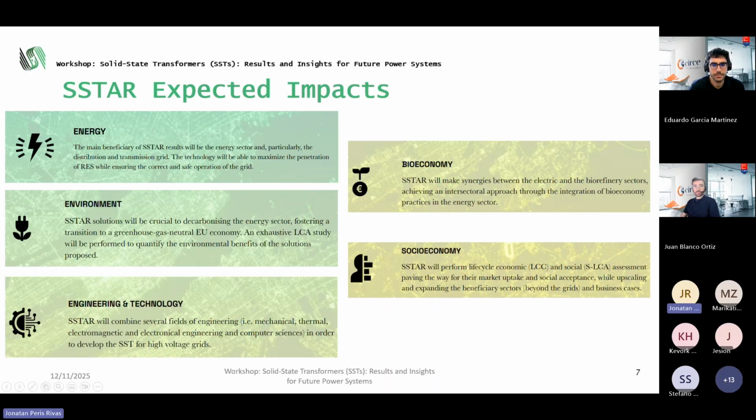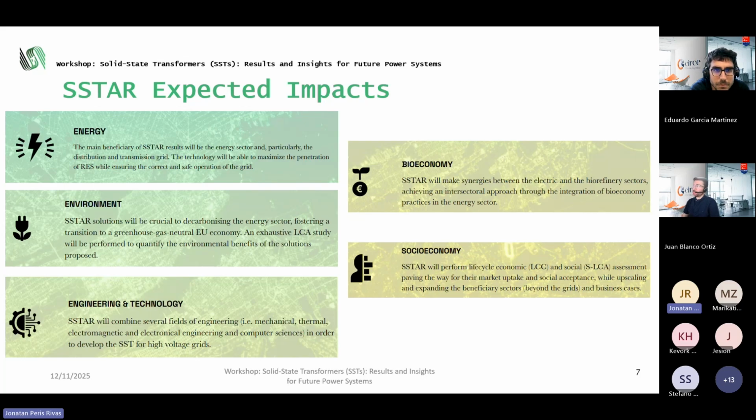The project is expected to generate several impacts from the technological, environmental, and economic points of view. Technological impact: enabling a new generation of digital and intelligent transformers that improve grid stability and renewable integration.